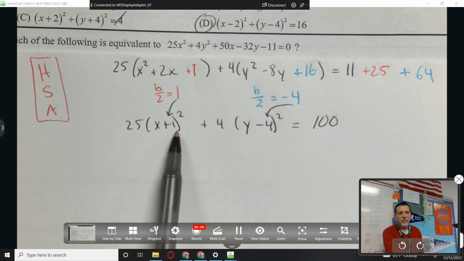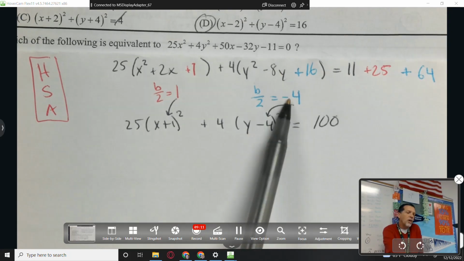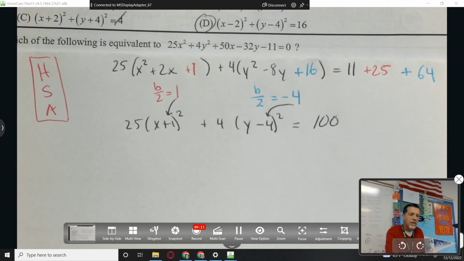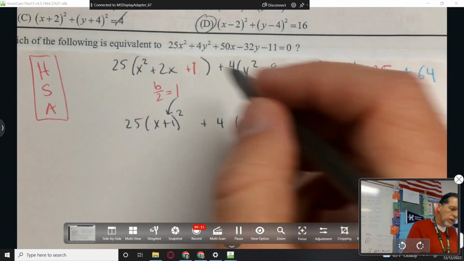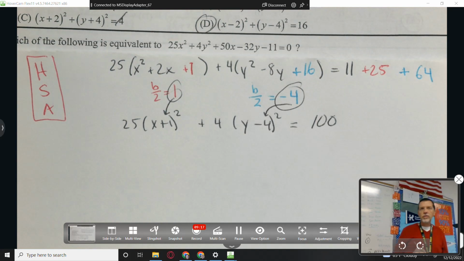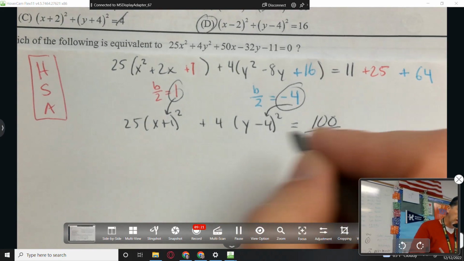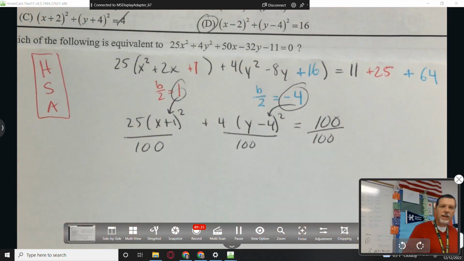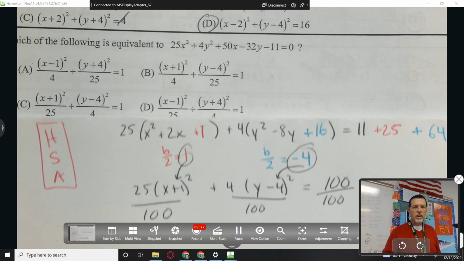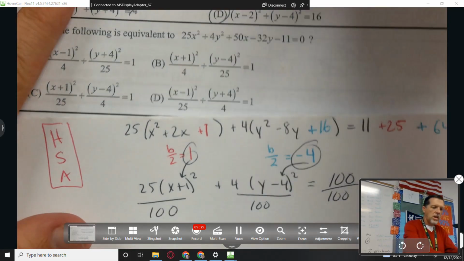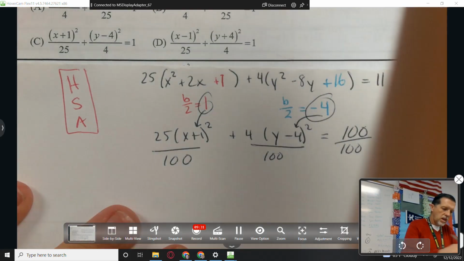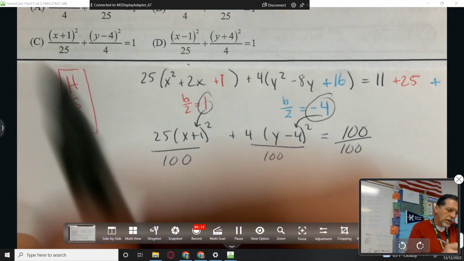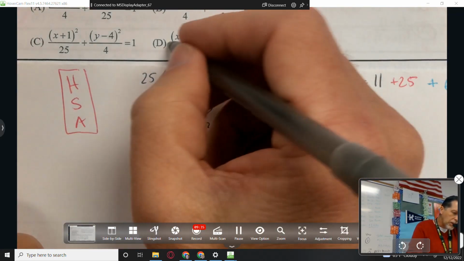Remember, when it comes to factoring, you are factoring, but you don't have to think about the factoring, because it's always b over 2 is what you use for the factor. Let's divide everybody by 100. At this point, I'm probably looking at my answer choices, thinking I'm getting close here. Let's see. X plus 1 squared, so I can throw out the x minus 1s.